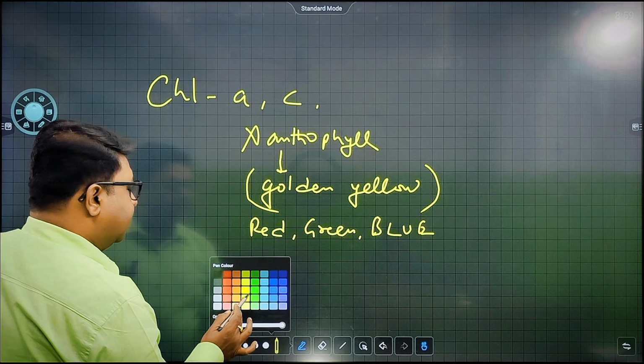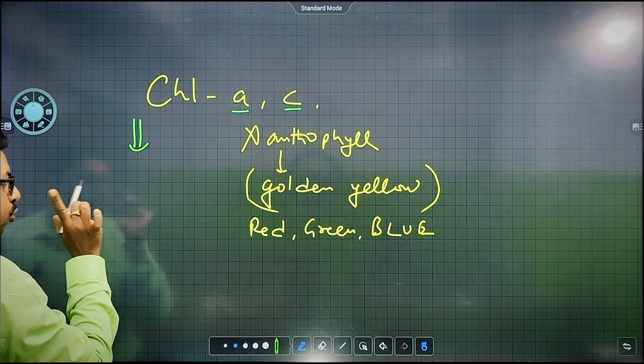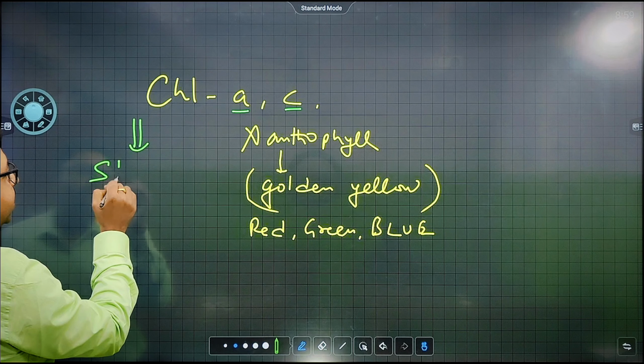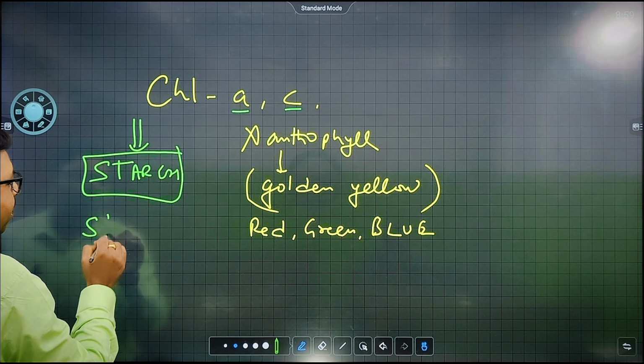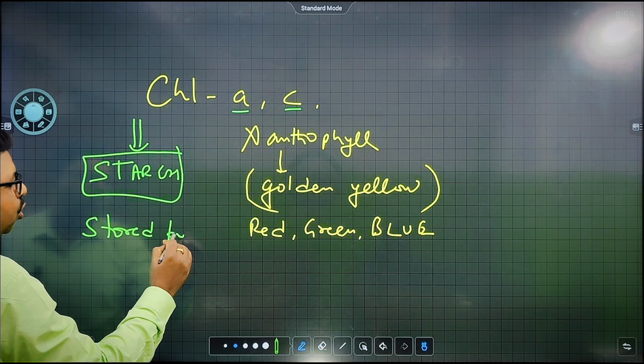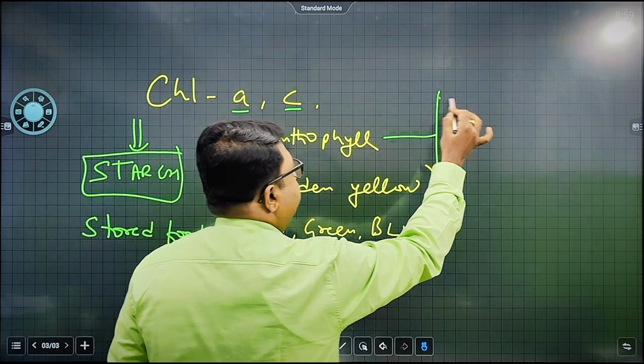अब ये xanthophyll, ये chlorophyll A, C, they can make what? Glucose, and they store the food in the form of starch. So stored food is in the form of starch. This xanthophyll, they can be of 2 different types.